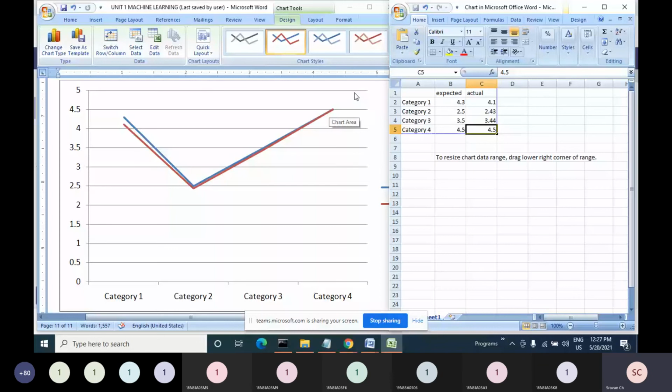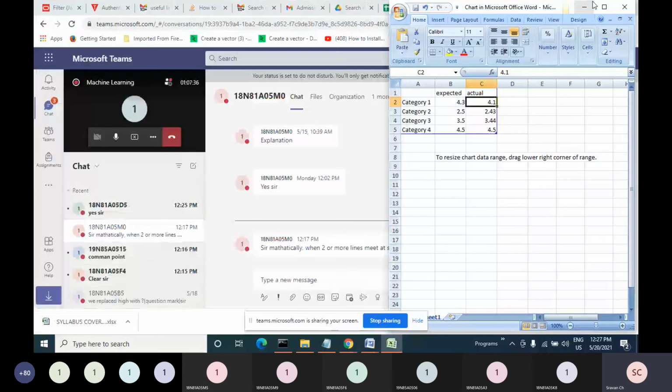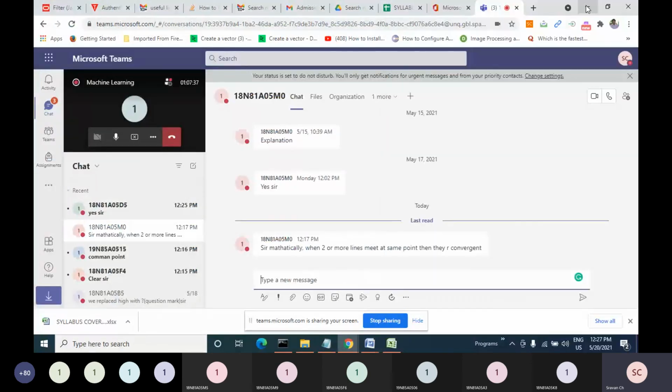But here, 4.3 and 4.1, this is the difference. So what you said is correct, M naught. Whatever observations we have can also be represented in the form of a line. So expected output and actual output can be represented as two lines, and if they meet at one point, it is convergence.